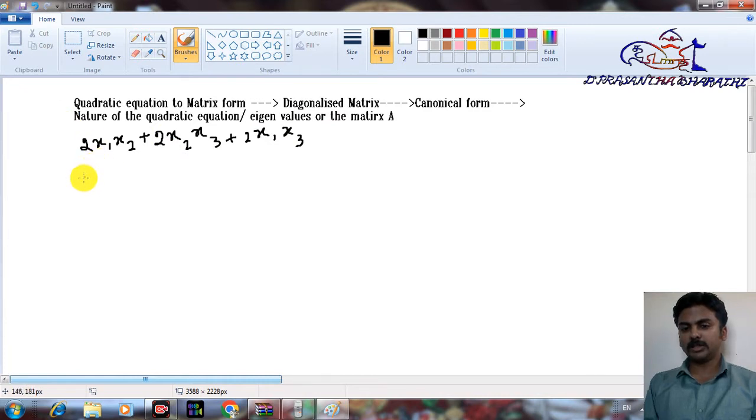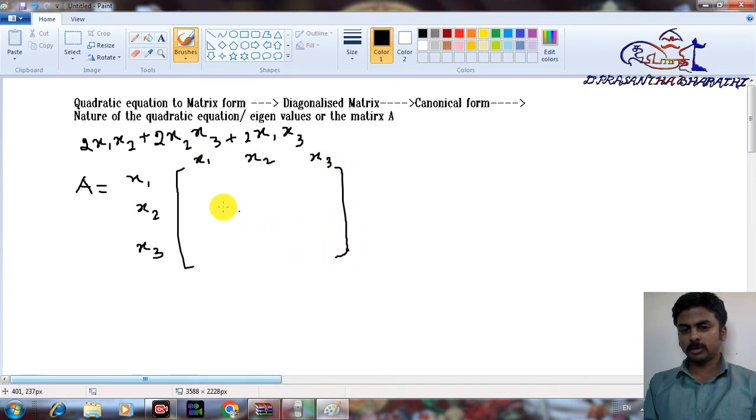For this we are assuming matrix A. Matrix A is given by the combination of variables x1, x2 and x3 in rows and columns.